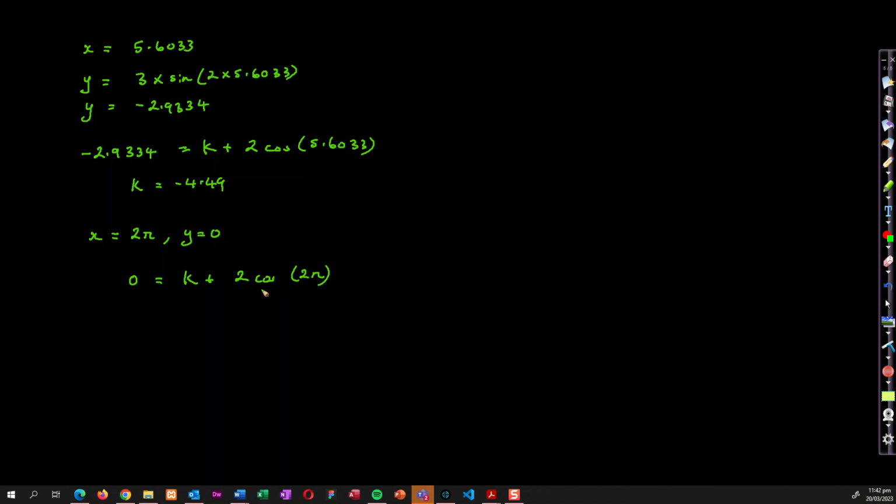The cosine of 2 pi is 1, so it's 2 times 1, and k would equal negative 2. So another part is when k is greater than negative 4.49 and less than negative 2. That would be another region where we have only 2 points of intersection.